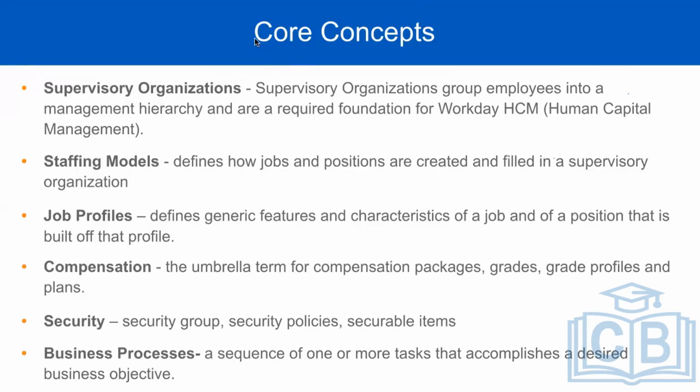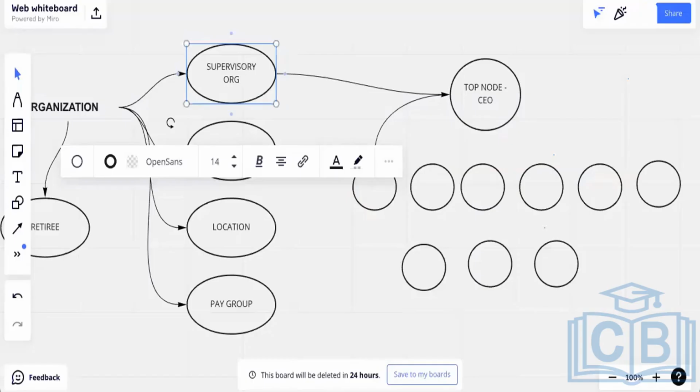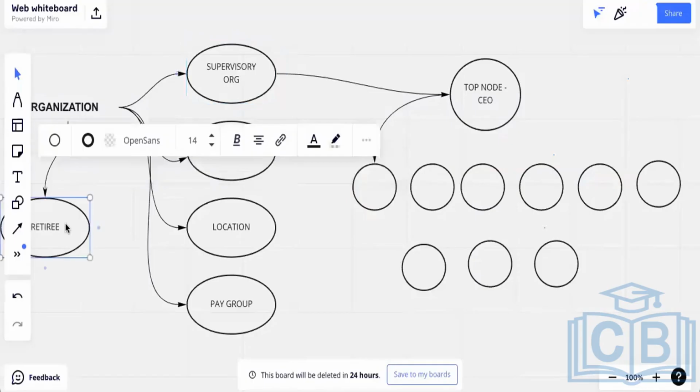To your question, do we have only these 4 organizations? No, there are many types of organizations based on which industry you're working in, like retirees. There are more organizations like grants, academic units, matrix organizations, customer organizations. There are a lot of different types.